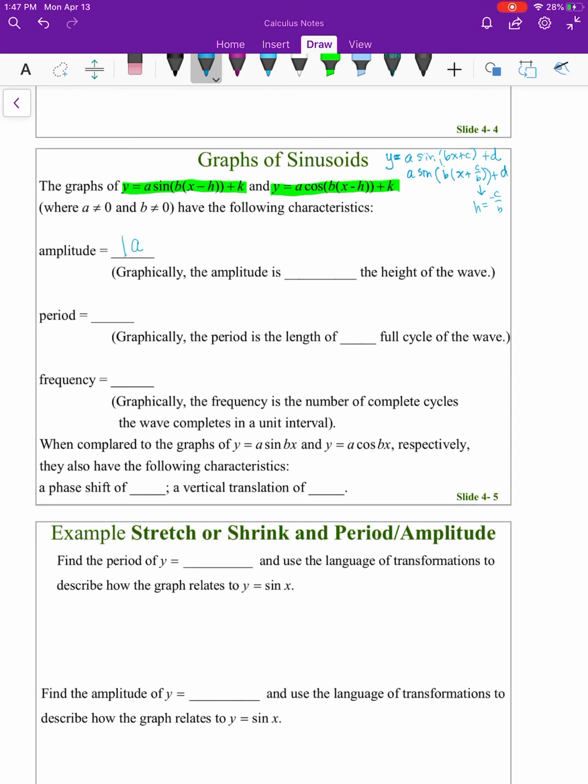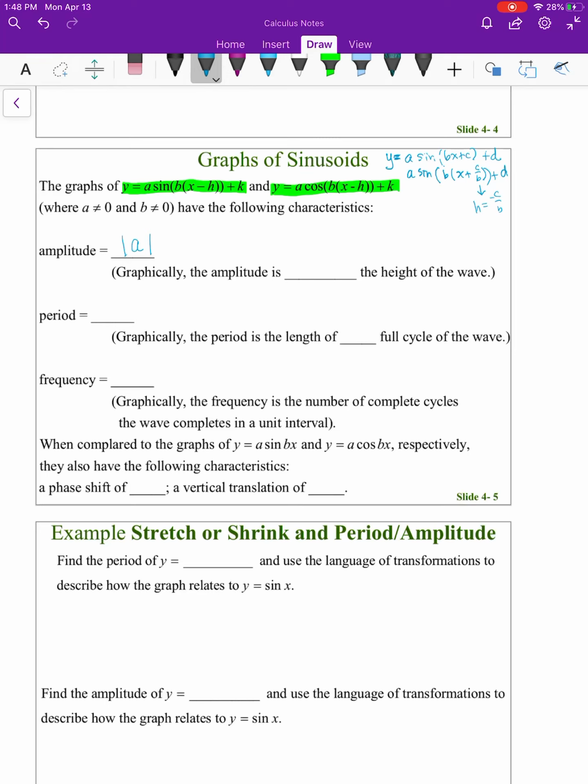So now our amplitude is going to be the absolute value of a. Our amplitude is always positive, but that number a could be positive or negative. And so it would just be a negative sine function or a positive sine function, depending on whether a is positive or negative.